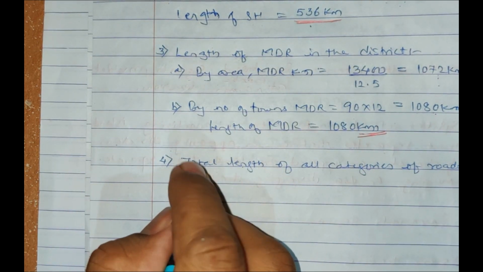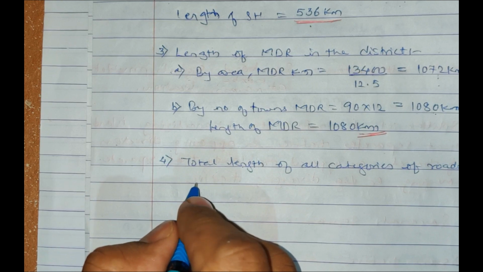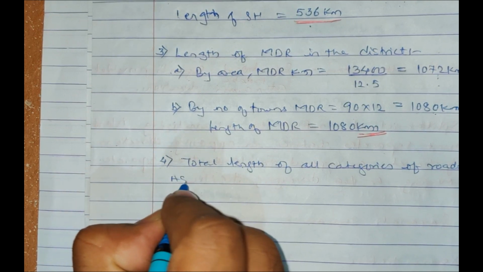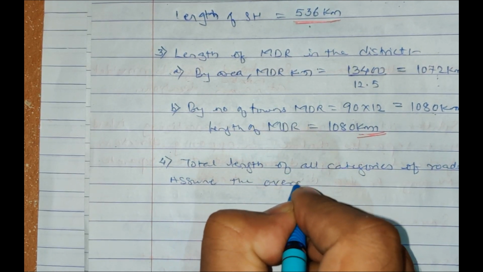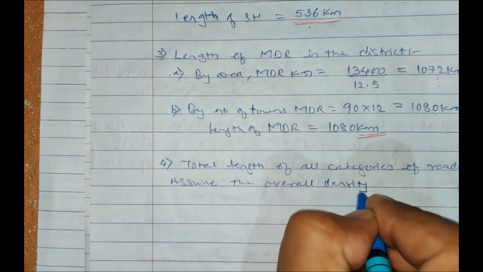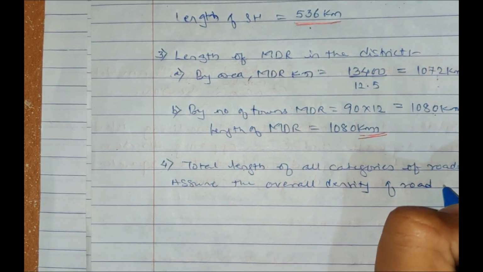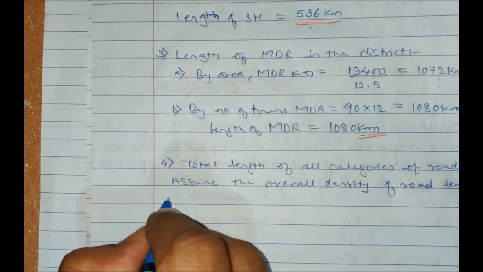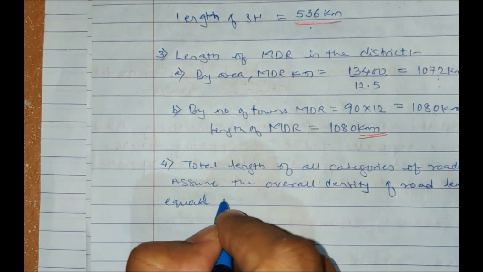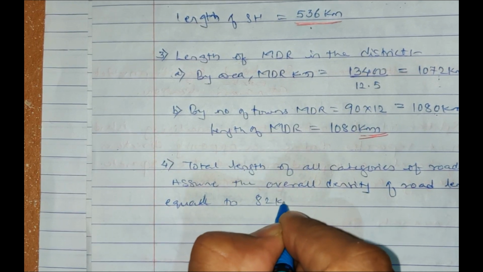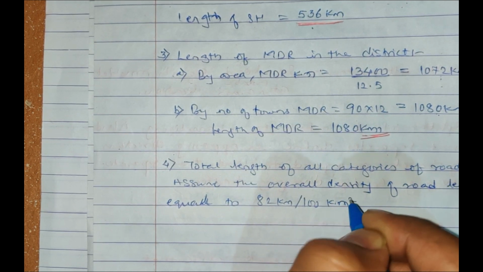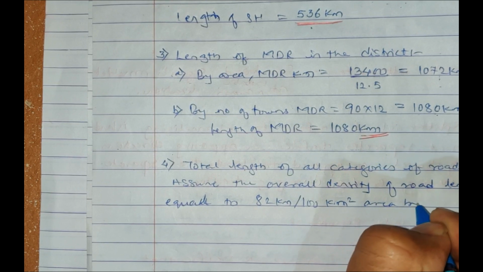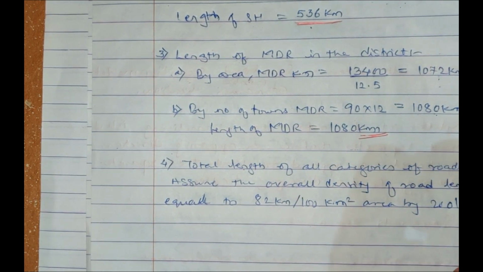Here, as per the recommendations of the third road plan, we'll have to assume the overall density of road length equal to 82 kilometers per 100 square kilometers of area by the end of the year 2001.